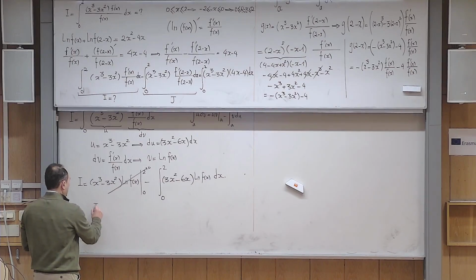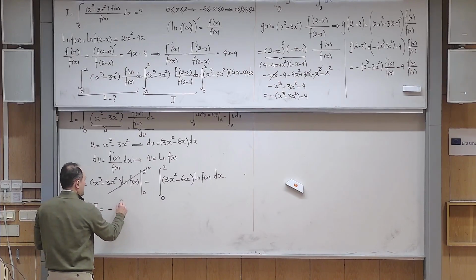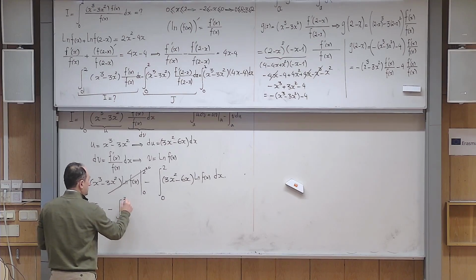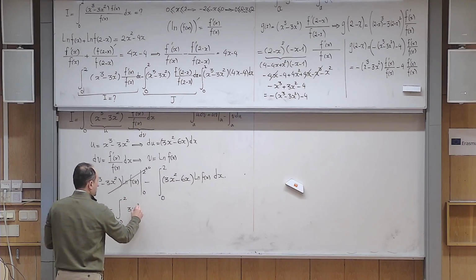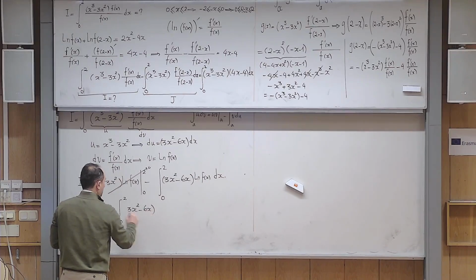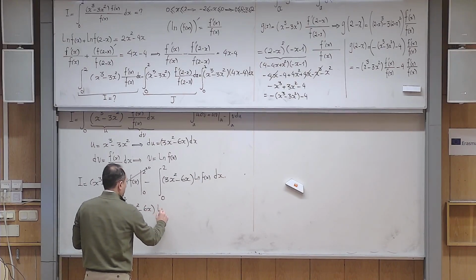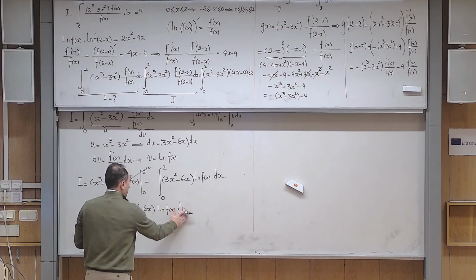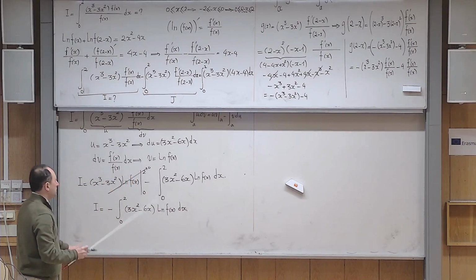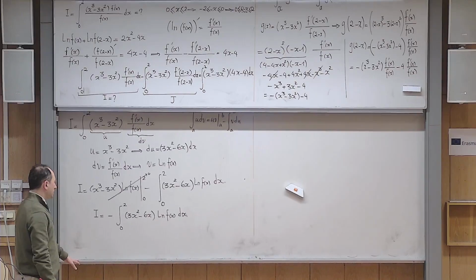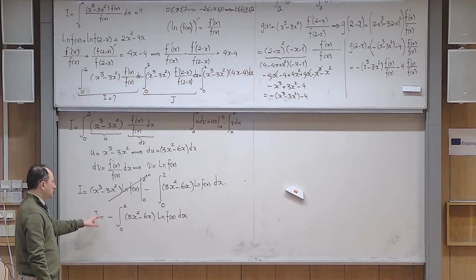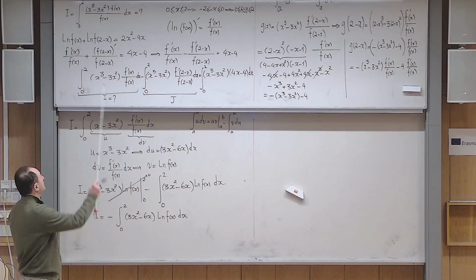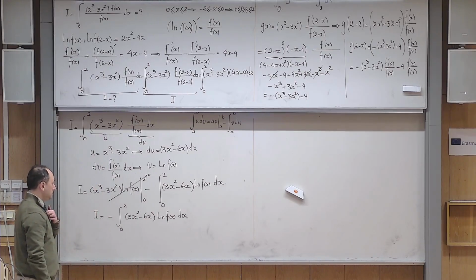I will have I equals minus integral from 0 to 2 of 3x squared minus 6x times ln of f of x dx. So I was able to show by the method of integration by parts that this integral is indeed what I am looking for. So that integral can be written in this form.